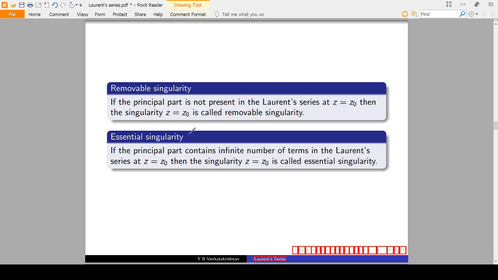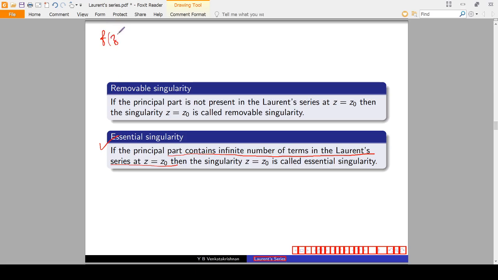The third one is the essential singularity. What is this essential singularity? If the principal part of the Laurent series expansion contains an infinite number of terms, then such a point z is equal to z naught is called an essential singularity.